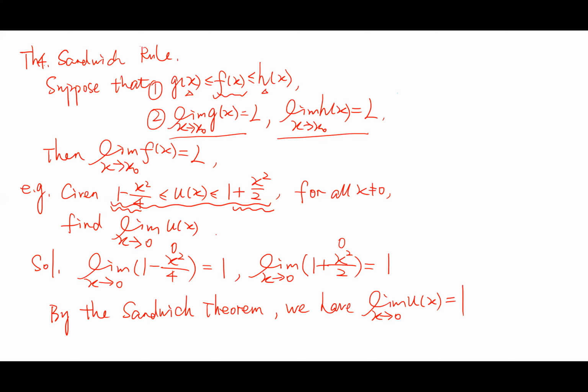So guys, can you understand how we use this sandwich rule? Can you understand? Yes, Asha. Okay. Yes, Lassi. When we want to use the sandwich theorem, we have to check these two conditions. Okay, so this is the example for the sandwich rule.